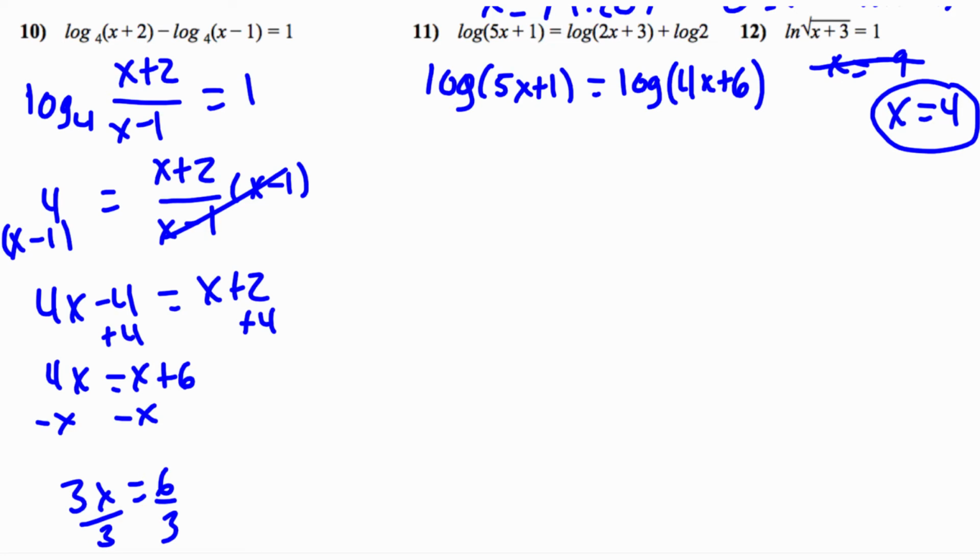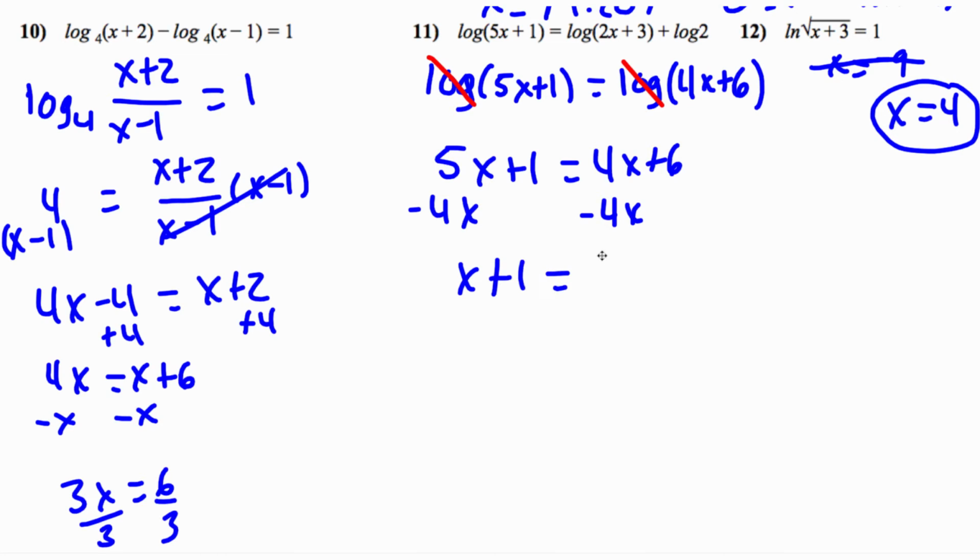Now we've got logarithms on each side, so we can use the one-to-one property to cross those things off. And then we've just got 5x plus 1 equals 4x plus 6. And then if we do some solving, subtract the 4x over to the left-hand side, we get x plus 1 equals 6. Subtract the 1 over, and we get x equals 5 for that one.